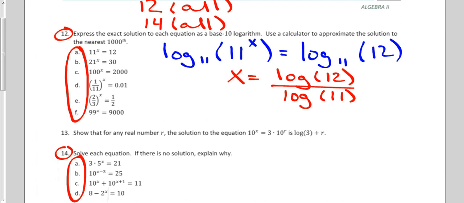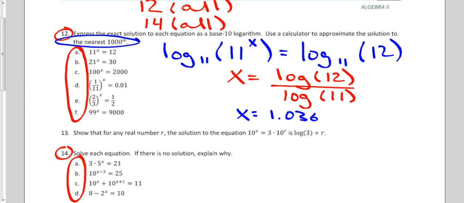So, x equals 1.0362. And remember, it says to the nearest thousandth. So how many decimal places is that? 3, right? So I can get rid of this 2. And the last thing I want you to do with all these problems is plug it back in.